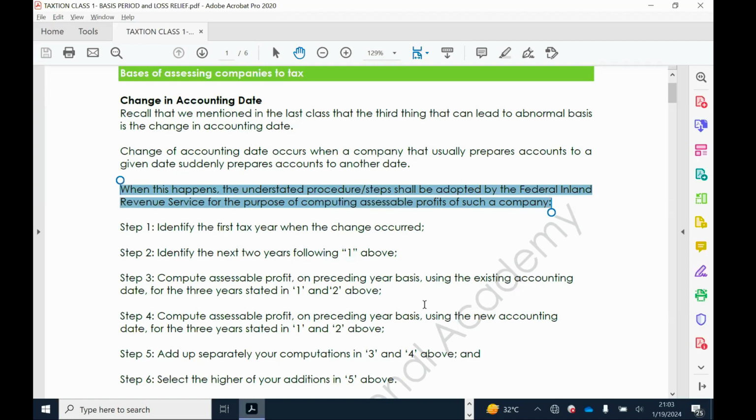And I said that you as a tax professional, your duty is actually to represent the taxpayer. So you must have the contrary or opposite mindset.